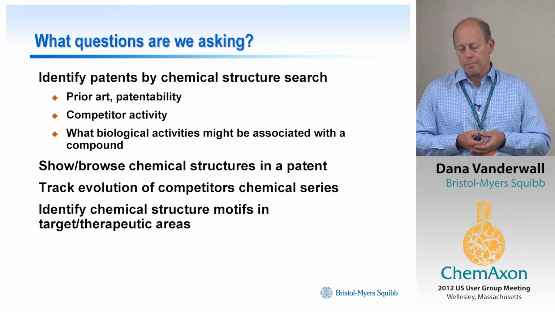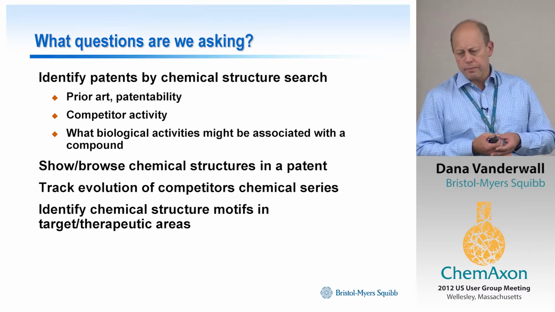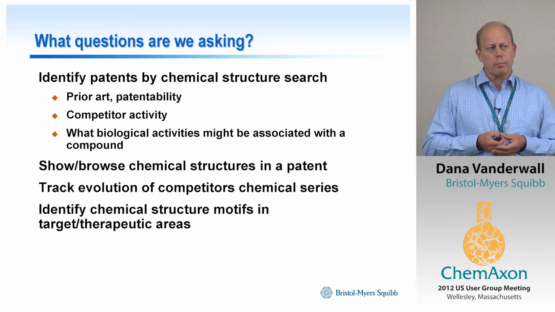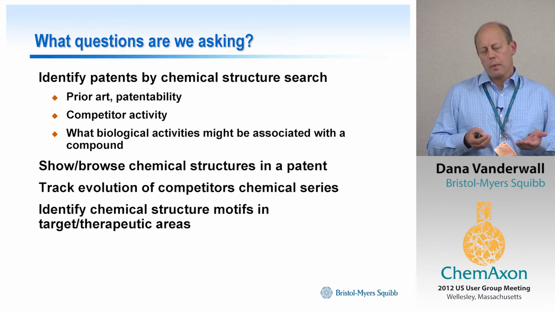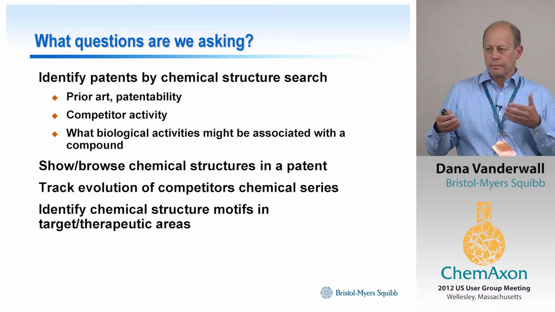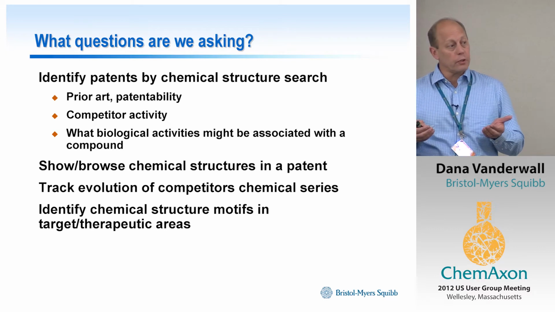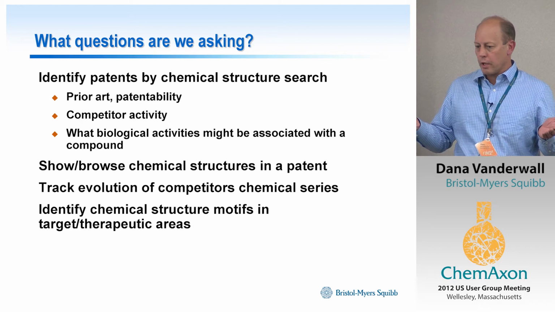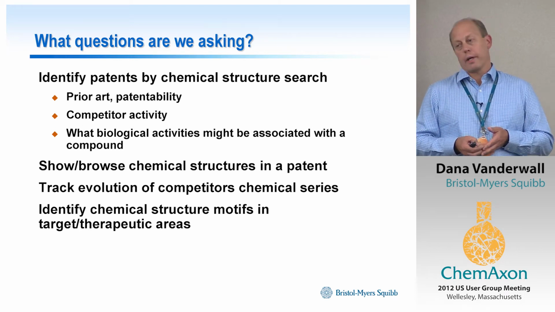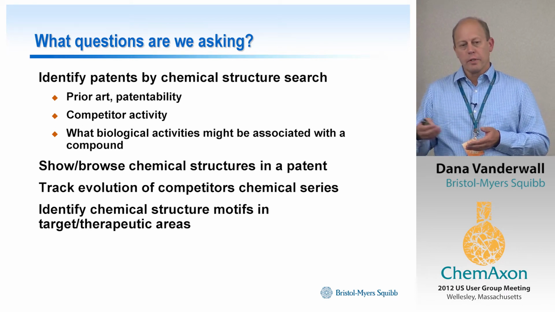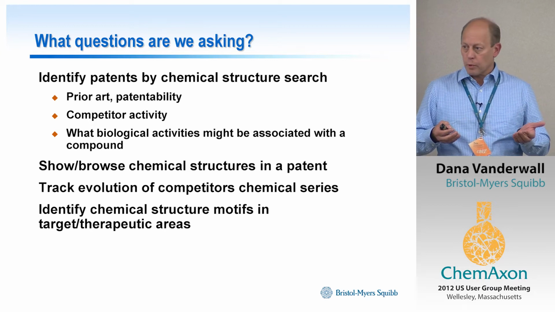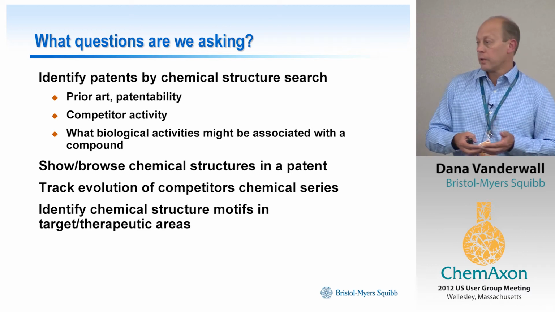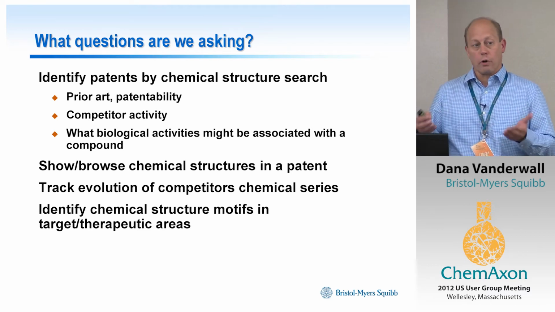And one way we've been using this sort of thing, and it's been inferred a little bit, is sort of as a surrogate profiling, if you will. So if you have molecules for which you have some data, maybe not as much as you'd like, to understand what their target profile might be, because you haven't screened them on the genome yet, another possible scenario is searching the patent database, find out if you've got reasonably similar molecules in the patent corpus that have particular therapeutic areas, indications associated with them, particular target activities.